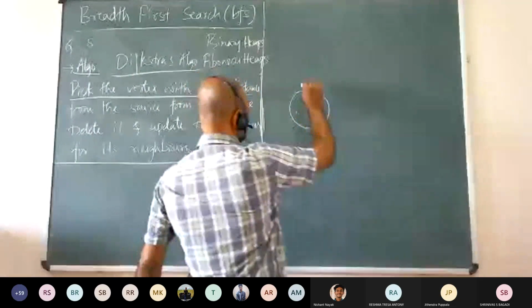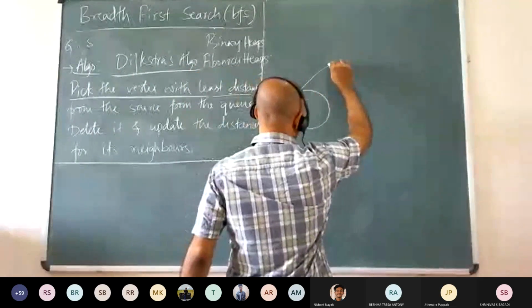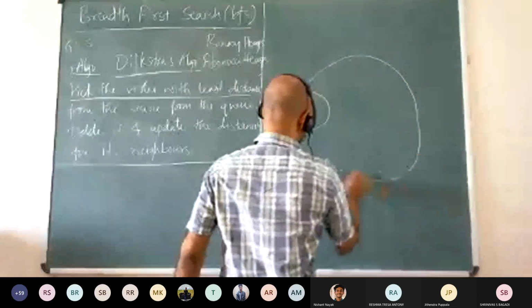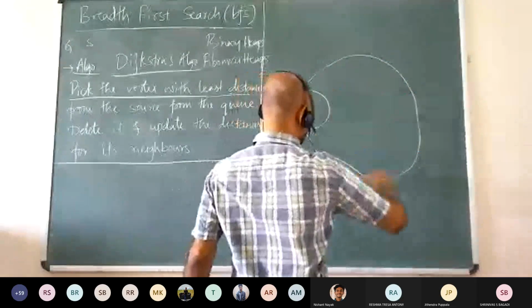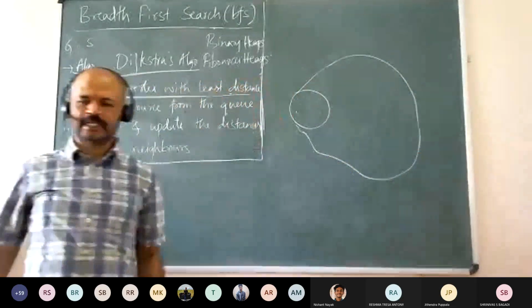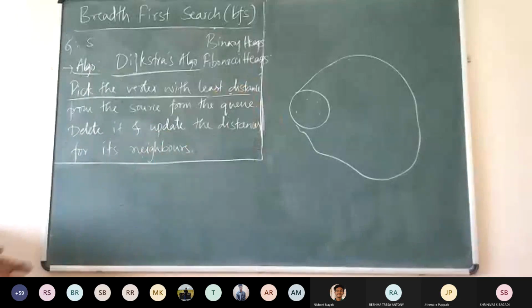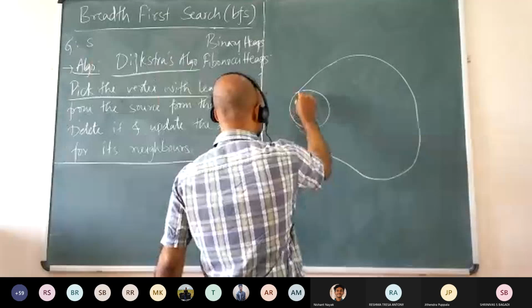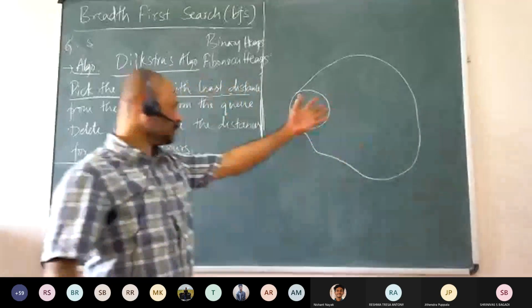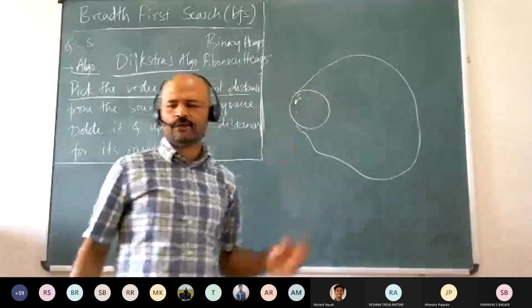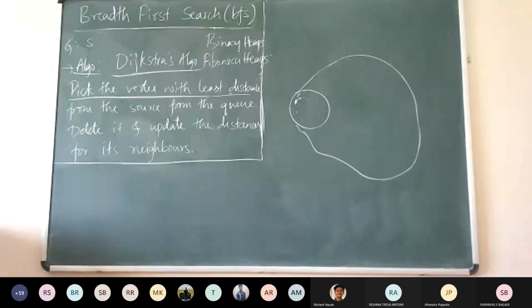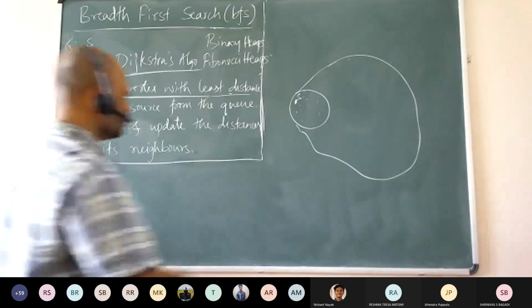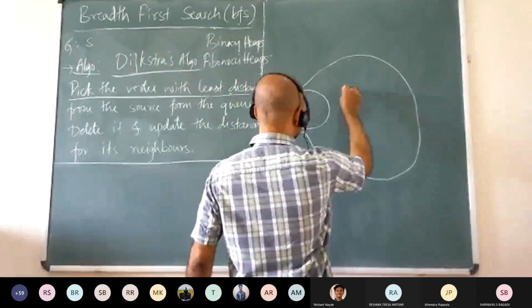Say the rest of the graph is here. In the rest of the graph, we will select an element which has least distance from the source, and source is definitely here, and pull it into this set for which the distance is already set correctly. So that vertex could be somewhere here.